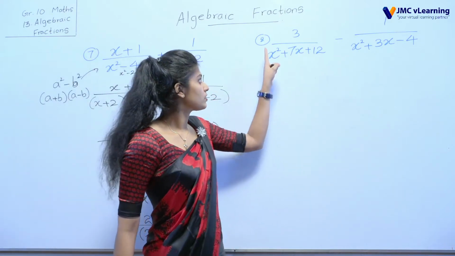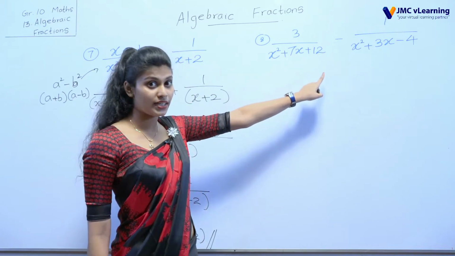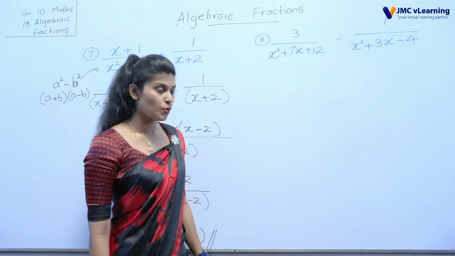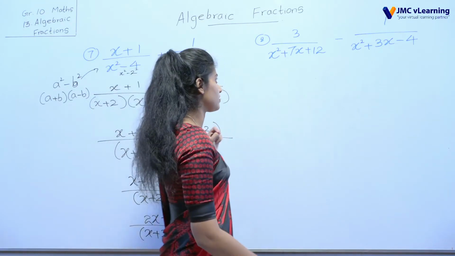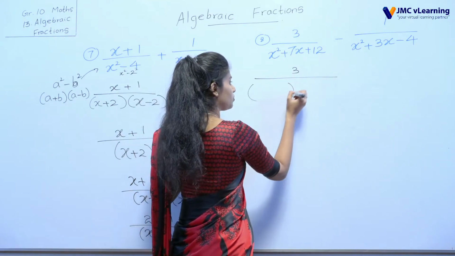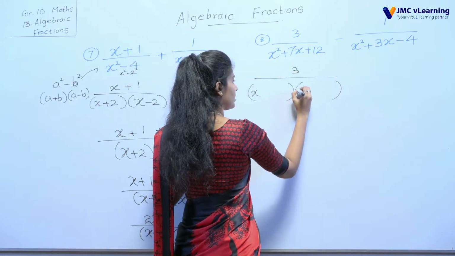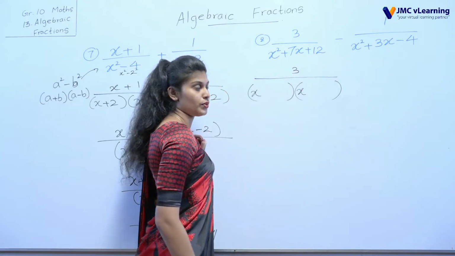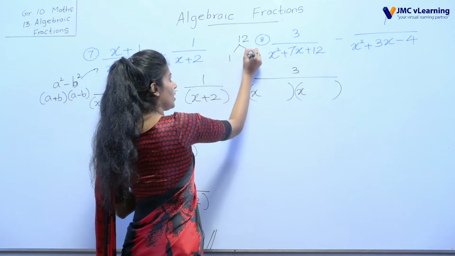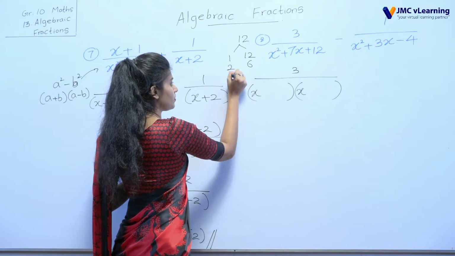The next question, 3 over x squared plus 7x plus 12 minus 1 over x squared plus 3x minus 4. Let's make binomial expressions. Here 3 over, write two brackets, x squared is there, put x. By multiplying 12 you have to take 7, then 12, 1 into 12, 2 into 6, 3 into 4.